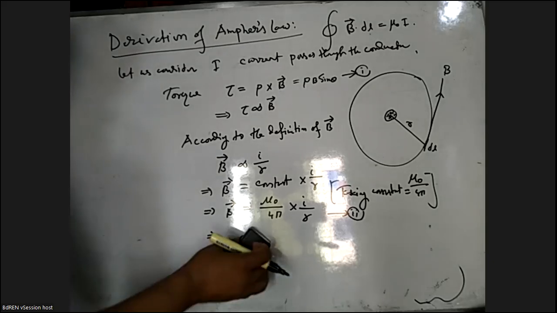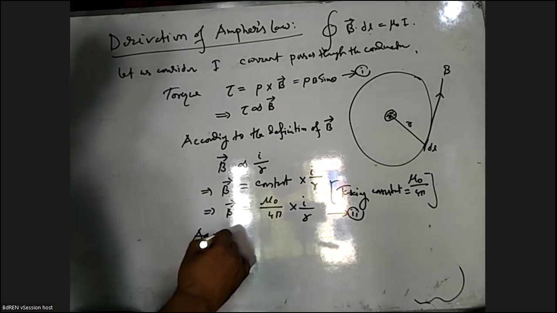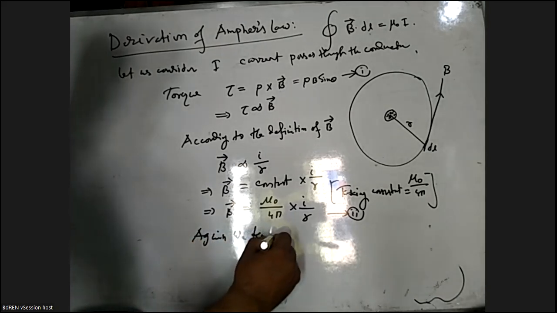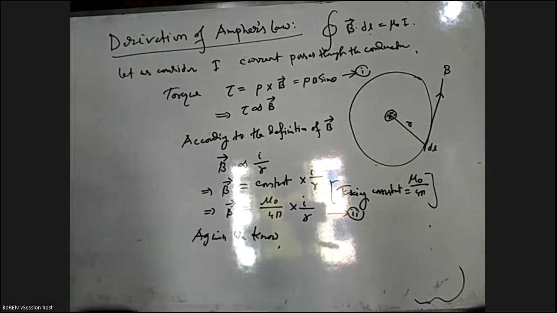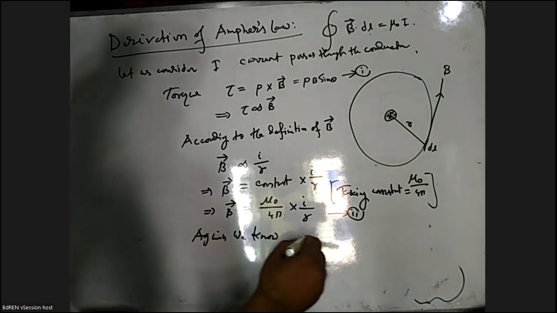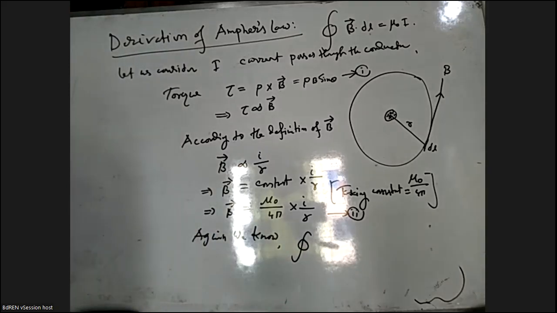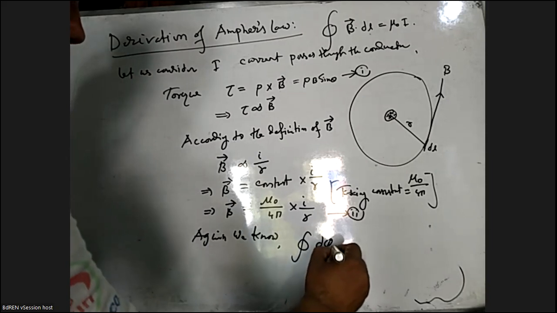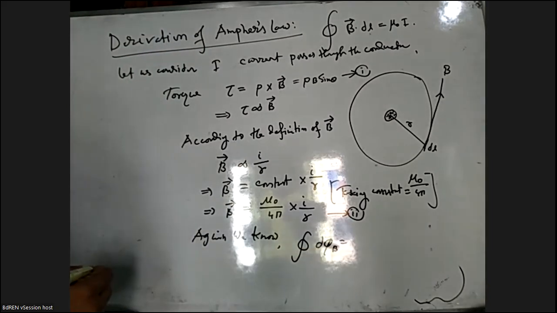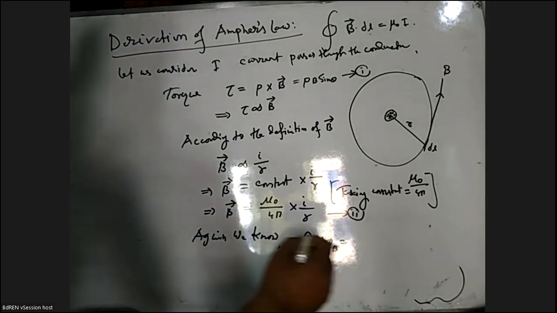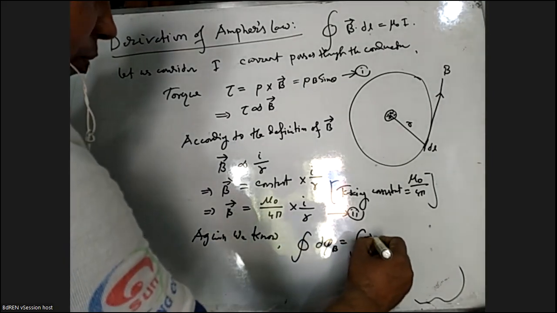Again, we know magnetic flux in a closed circuit can be written as B dot ds.